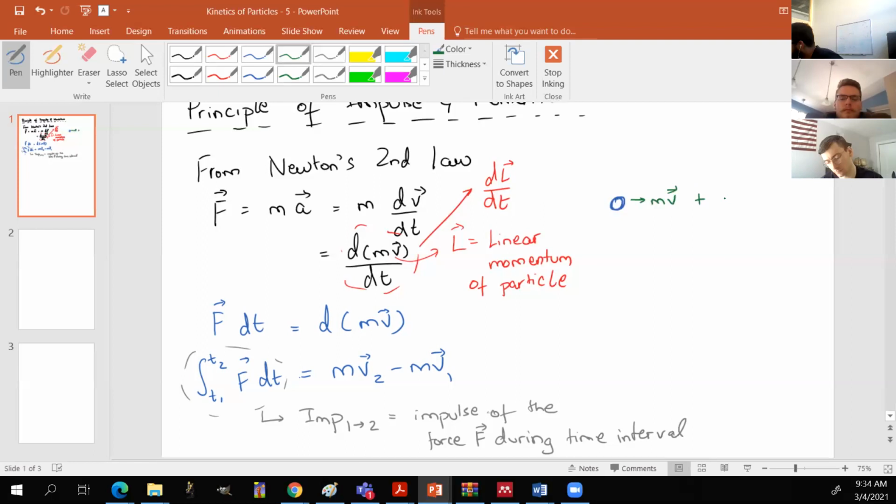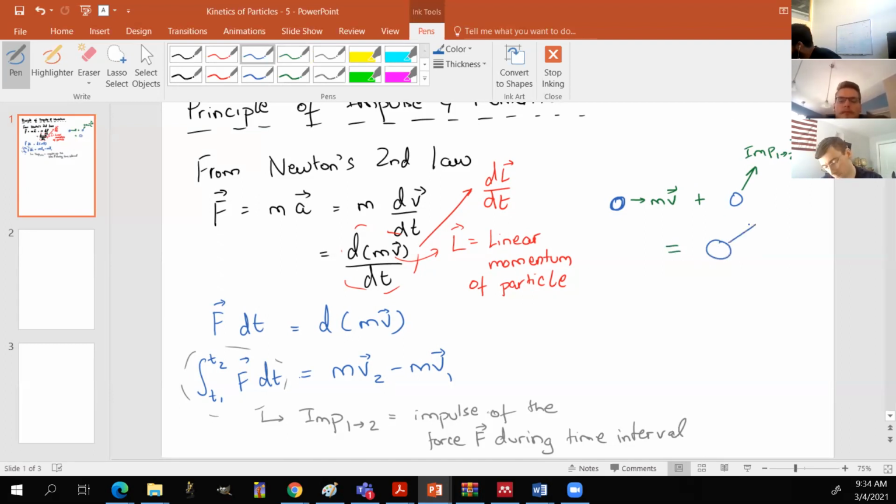So you've got this impulse coming into the picture. This is the impulse from 1 to 2. And as we said, that's defined as the integral of whatever the force of that impulse is over that time period, and that is going to result in a new motion, a new velocity of the ball, right?